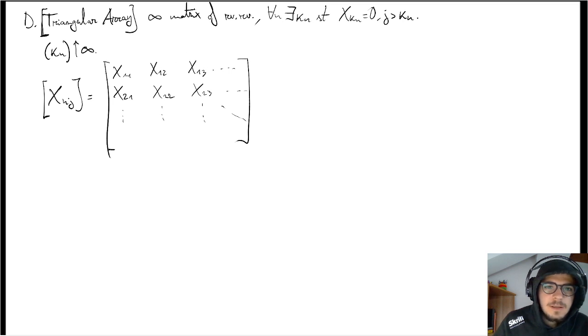There is some index, let's put it for example here, after which all these are 0. And for example, then it becomes this, and all the others are 0, then it becomes this, because the sequence kn is increasing.